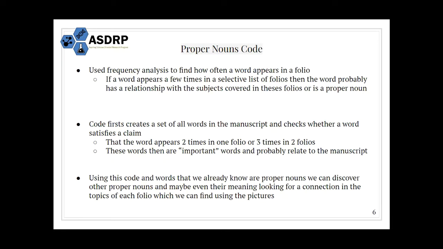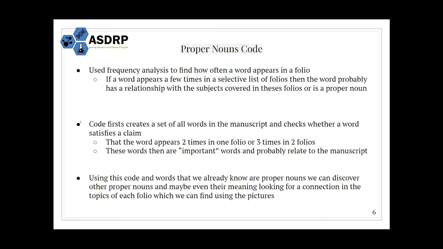So let's say that we have a word that appears 2 times in the entire manuscript, but it just appears in one folio. Then, using this, we can conclude that this word is very important to this specific page, and we can attempt to identify the word.